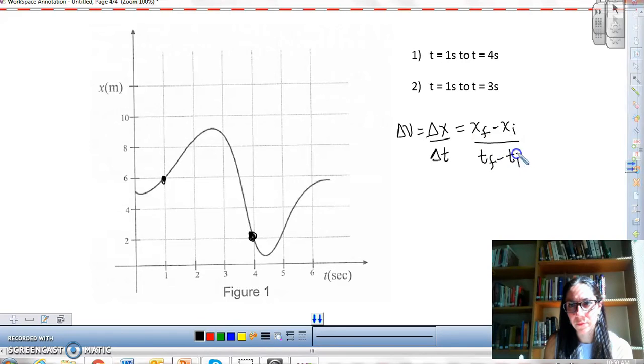This is the point where you want to use this definition if you have a change in time. Otherwise, you can do what we've done previously, but watch what happens here. X final is 2 meters minus, up here, 6 meters. T final, 4 seconds. T initial, 1 second.